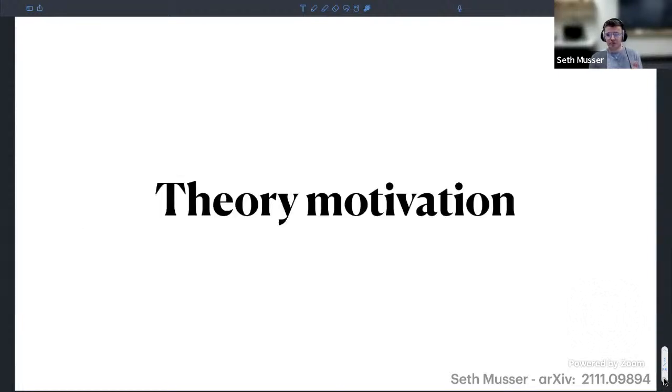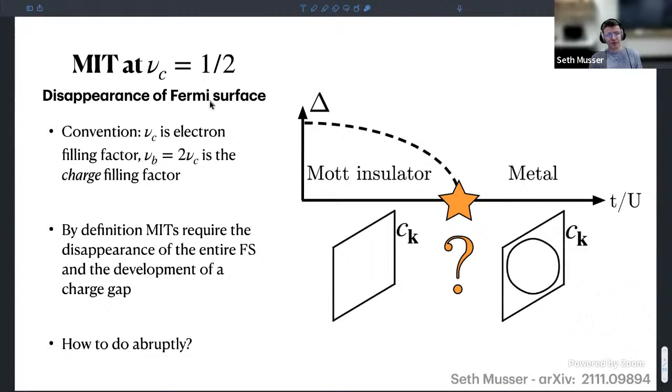So let's jump right into the theory motivation. I'll introduce the simplest possible metal-insulator transition at half electron filling. As a convention, I'm going to use nu_C for the electron filling factor. Nu_B is twice nu_C because of spin, and this will be the charge filling factor.